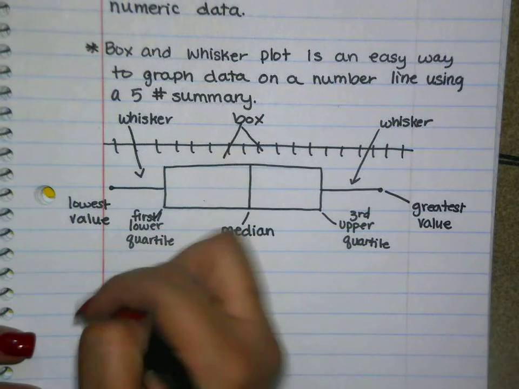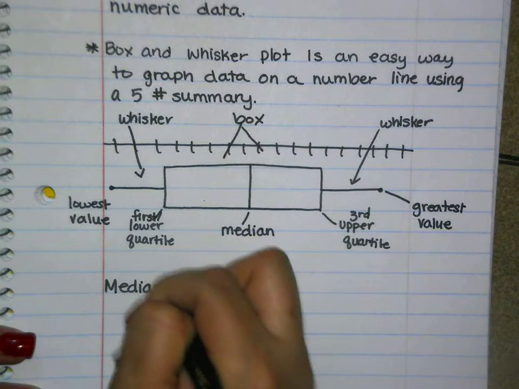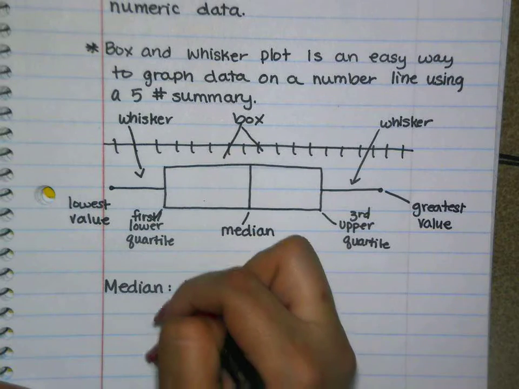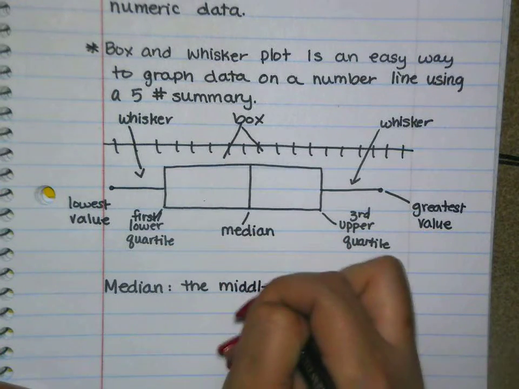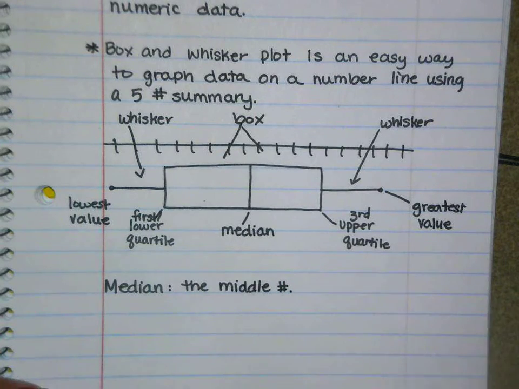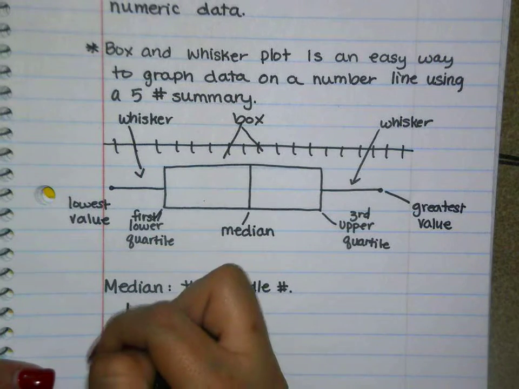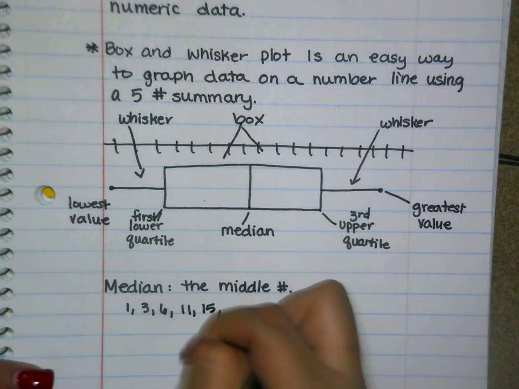So the median is the middle number, right? We already knew that. That's pretty easy to find. Okay, so in this data set, we put them in order: 1, 3, 6, 11, 15, 19, 23, 24, 35, 46, and 56.